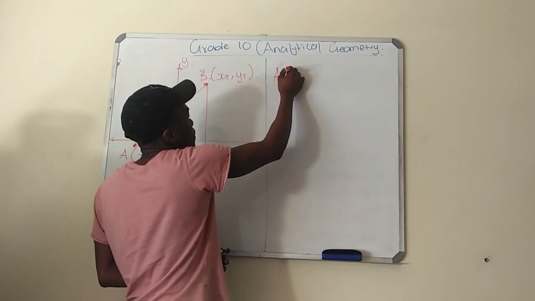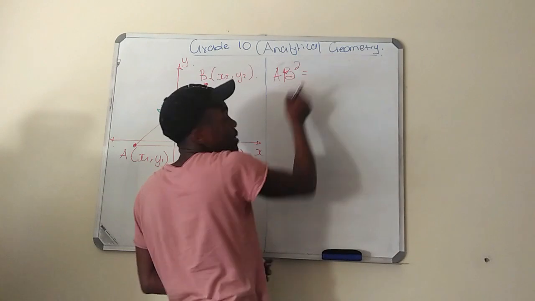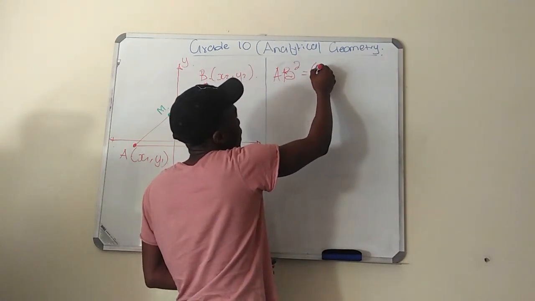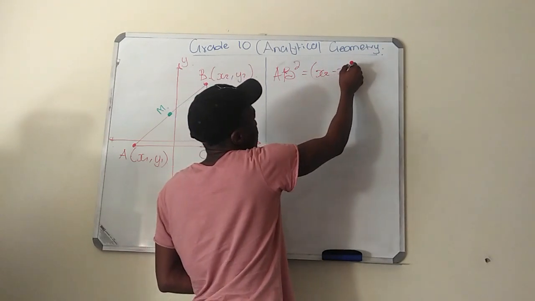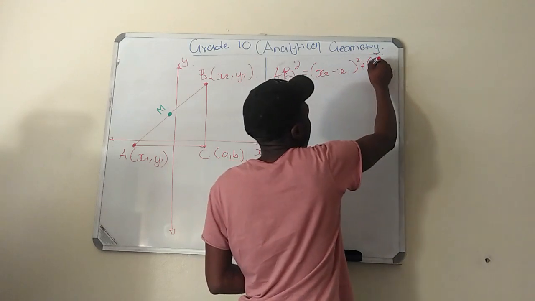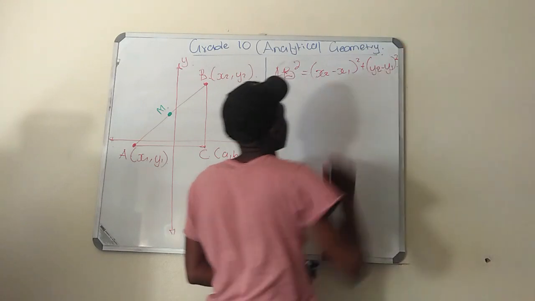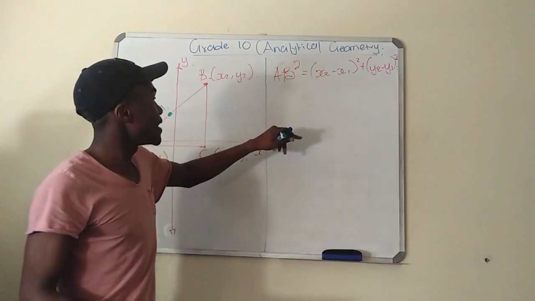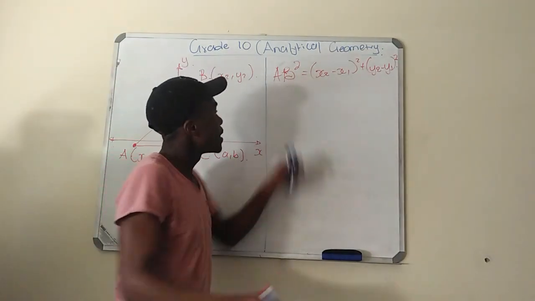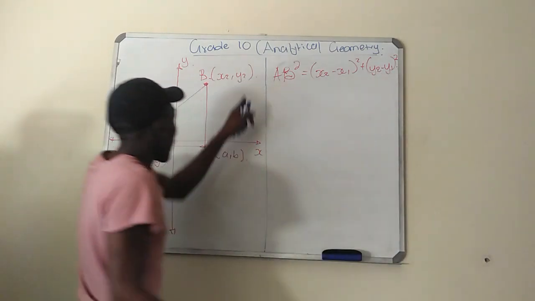AB squared is equal to, in brackets, x2 minus x1 squared plus y2 minus y1 squared. So this equation says if you want the length AB, then you say x2 minus x1, y2 minus y1.